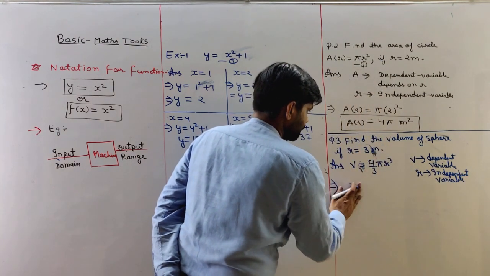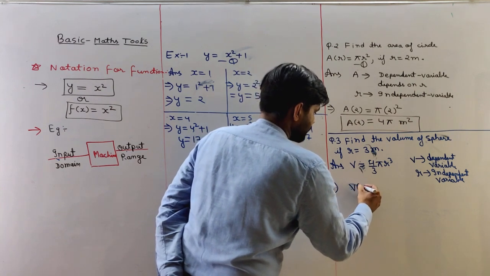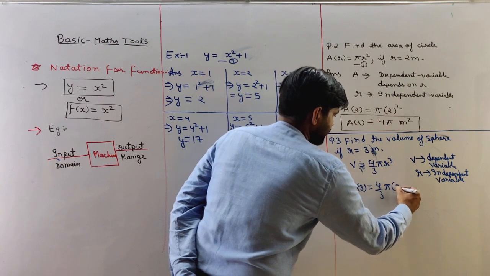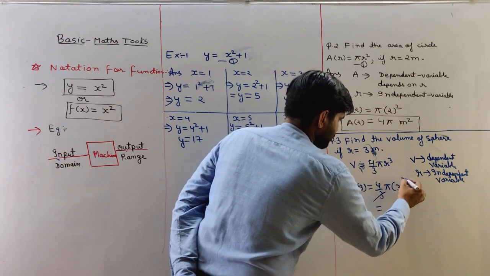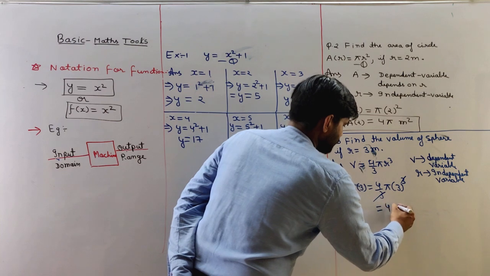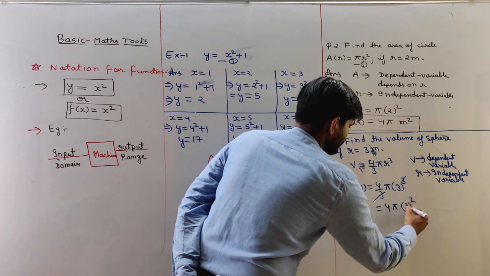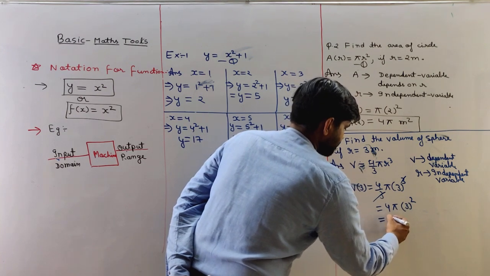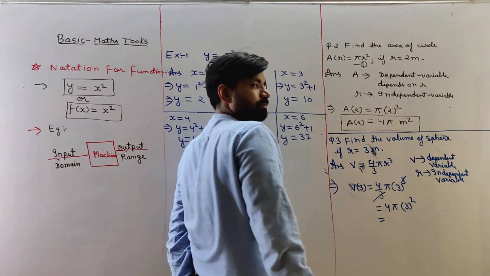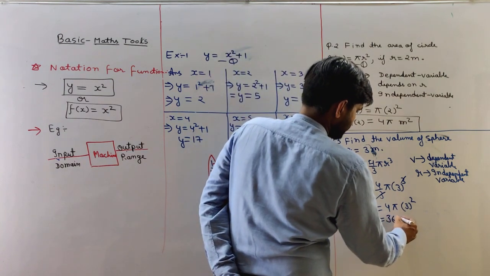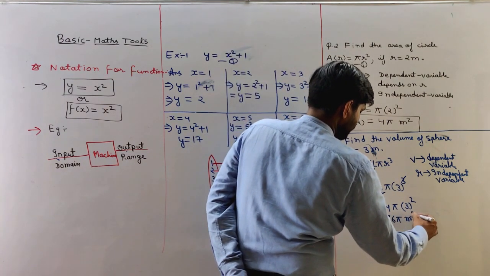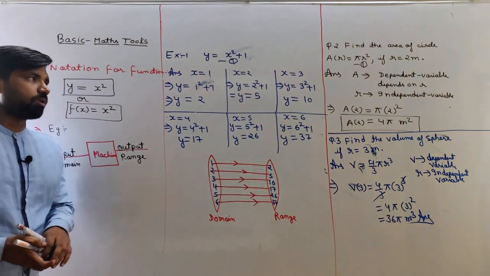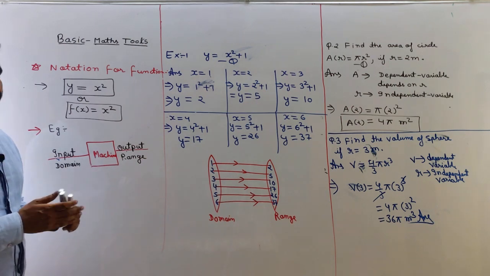So when we put r is equal to 3, we get 4 by 3 into pi and cube of 3, that is, cancel, 4 pi 3 square, that is equal to 3 square 9, 4 9s are 36. So 36 pi meter cube. Okay, understand? So write all this theory which is written on board.